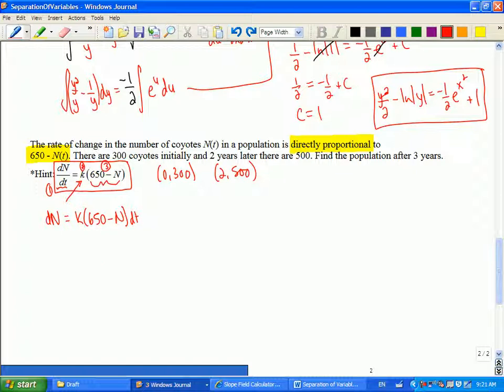So I'm going to move this piece underneath to be the 650 minus n, so that way my variables line up now. So this will be the integral of dn over 650 minus n equals the integral of k dt.